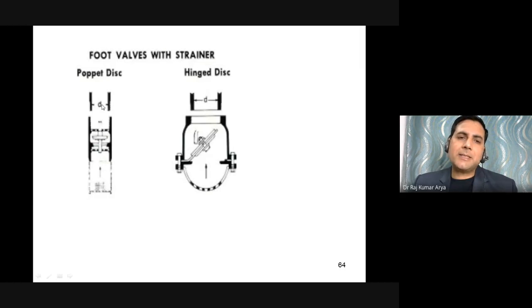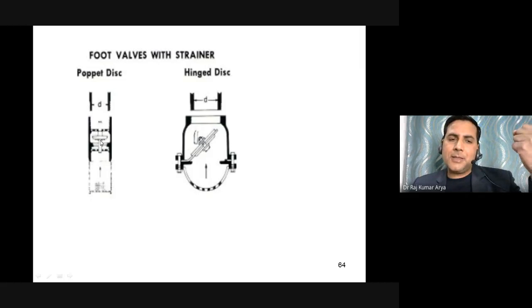Whenever you have a low pressure on this side, the suction pressure here, this will suck this lift up. Actually, fluid will come out from here. As soon as the suction pressure decreases, this disc will close down the passage and finally you will stop. Same thing here. This is one way here. This actually also has a hinge type of thing.